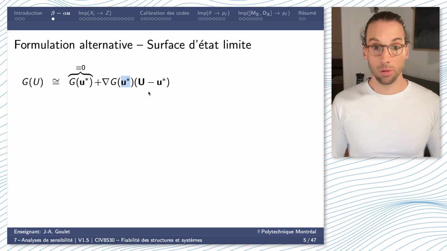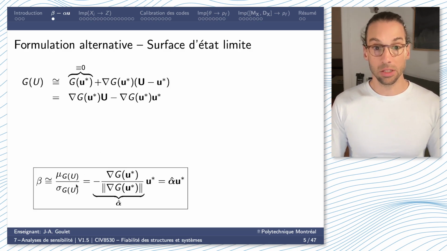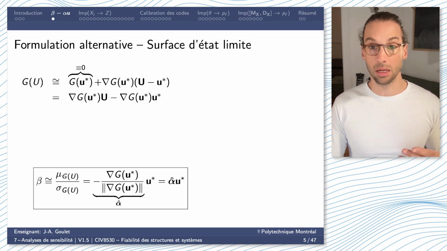If we distribute that gradient into my parentheses, I'm going to get the following form. And in this case, we've seen in the previous modules 5 and 6 that my beta is defined by the ratio of the mean of that linearized limit state function divided by its standard deviation. The mean here is simply the part that is in front of my u*, so the gradient of u*.